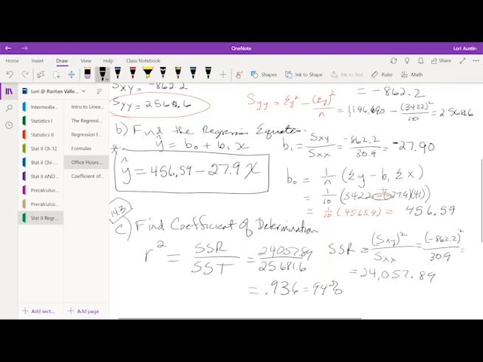I think that would make sense, about 94%. So let me just double check. Yeah, I can't find the answer, so we're just going with it. I believe that is correct.